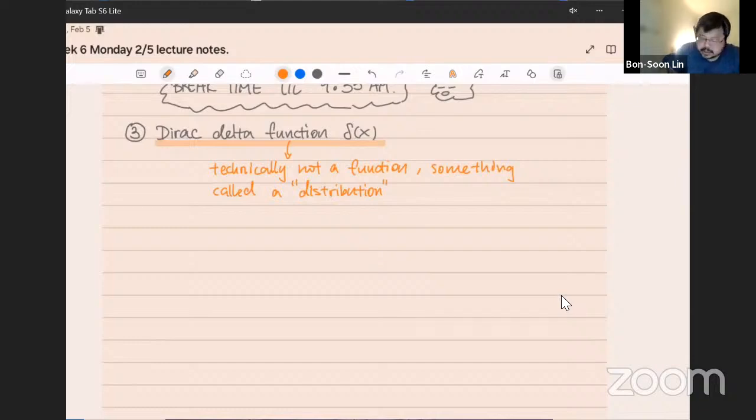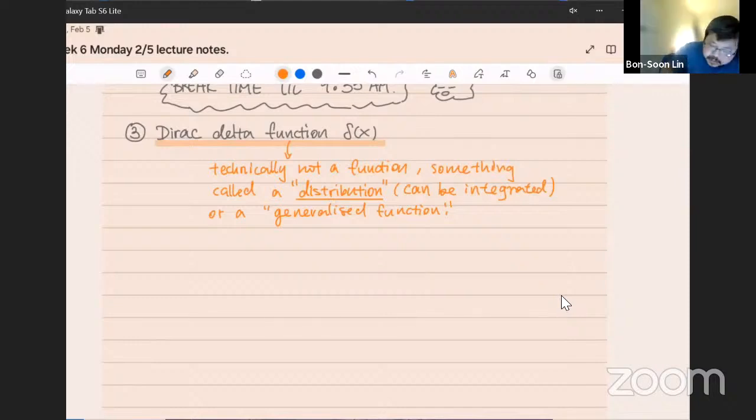And this distribution is something that can be integrated. Sometimes people also call it a generalized function. These are just various names to indicate that this is not really a function per se. But this delta of x has the behaviors of a function when it's in an integral or multiplied by something else, and you'll see what that is.